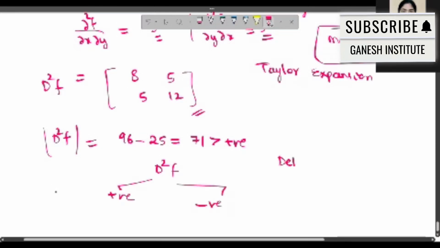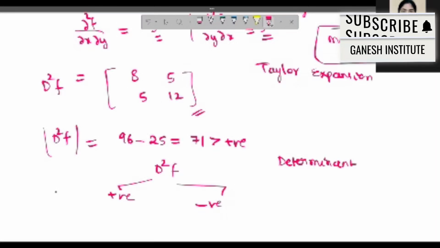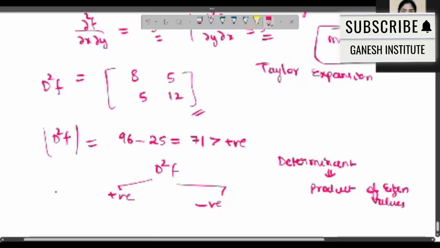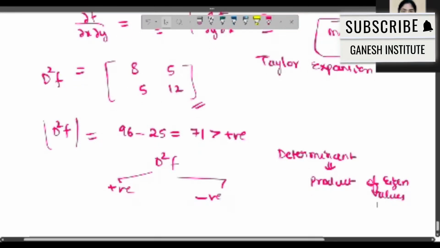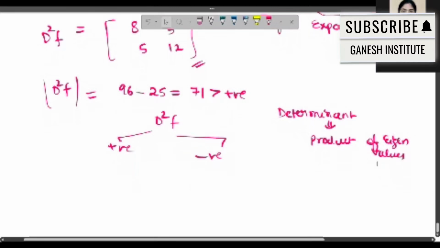Basically, because it is a 2 by 2 matrix, the determinant is the product of eigenvalues, generally. If I don't want to go through that long process, which is complex here, of making a characteristic polynomial, solving everything and then getting the eigenvalues, I can simply assume this, because I'm not asked to find the eigenvalues.